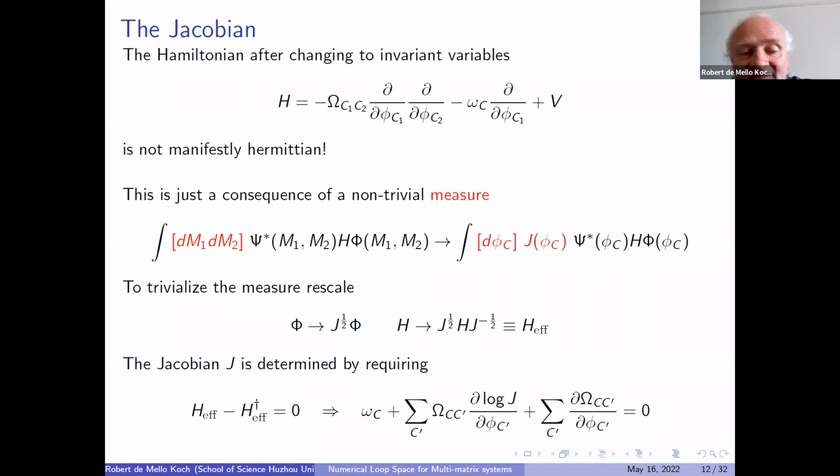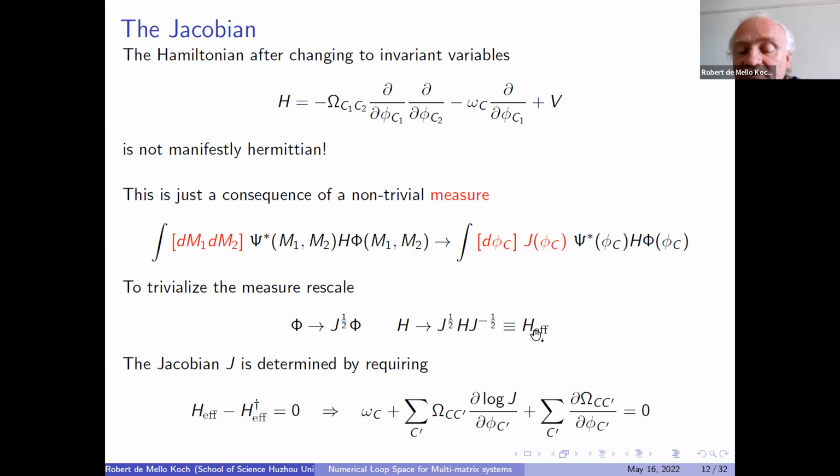We can rewrite the theory in a way which makes the hermiticity of the Hamiltonian manifest by trivializing the measure. And we can do that by absorbing it into the wave functions and into the Hamiltonian. So by rescaling wave functions by a factor of square root of the Jacobian and the Hamiltonian by square root of the Jacobian on one side and 1 over square root of the Jacobian on the other side, we get an effective Hamiltonian.